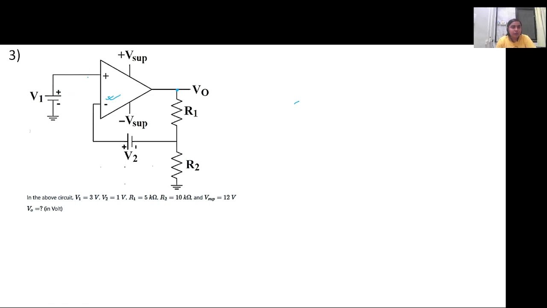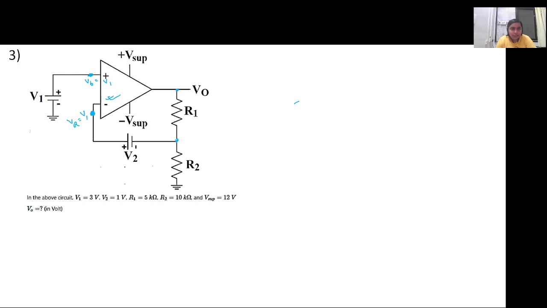So the voltage at this point VB will be equal to V1, and what will be VA? Same, V1. Whatever the voltage is here will also be the voltage here. So it is V1.